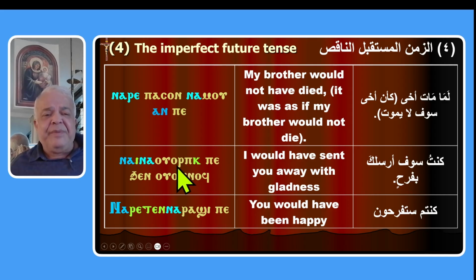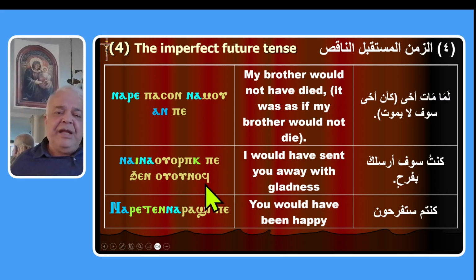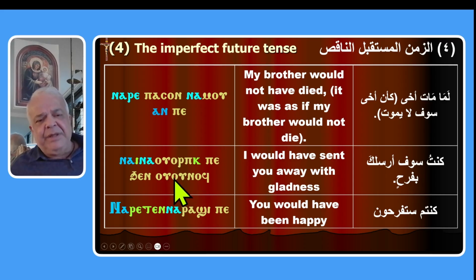Orp, that's a verb that means to send. Kabba you, I would have sent you, pay for sure, geen with onof, that's for the infinitive form. Onof originally is a verb that means to rejoice, but here it's coming like a noun, rejoicing. So I would have sent you with rejoicing or with gladness.